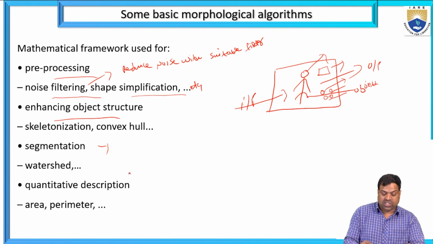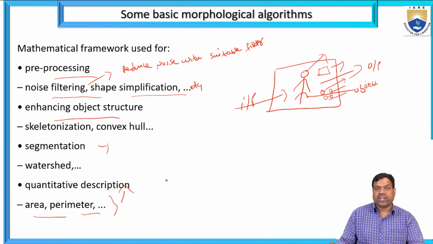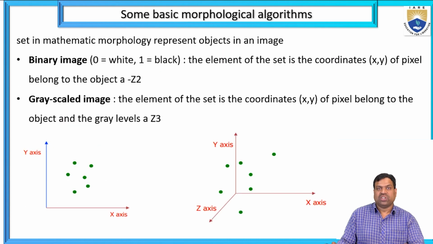That is segmentation, and the technique used is the watershed technique. Quantitative description means area or perimeter. These are the mathematical frameworks used for morphological algorithms: pre-processing, enhancing object structure, segmentation, and quantitative description.